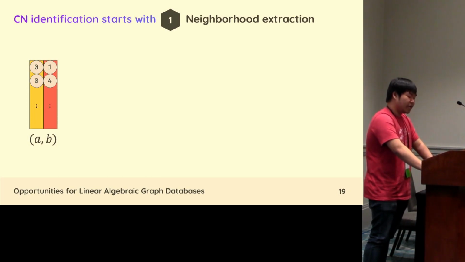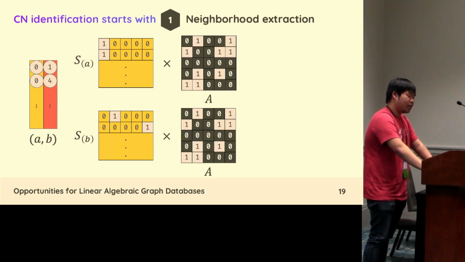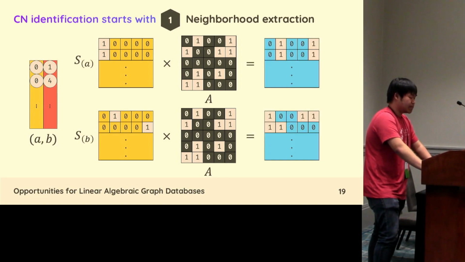And then for each walk, we can represent each node as a different row in a different node matrix, using the same approach as we used before. And then we can extract the neighborhoods using matrix multiplication with an adjacency matrix. As a result, we're going to get the neighborhoods of the first and the second node of the triangles.